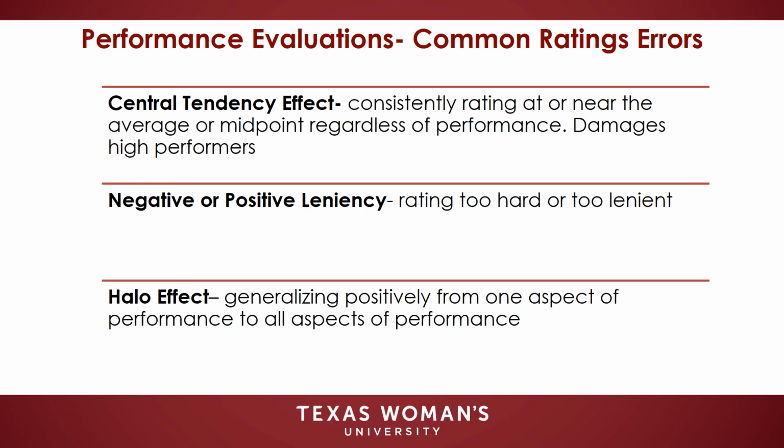And this can be very damaging to high performers. Negative or positive leniency is when a supervisor rates too hard or too lenient, and they tend to do this for all their employees. The halo effect is really what you think it would be. A supervisor will see one aspect of an employee's performance and they'll use that positive to rate the entire performance of the employee.